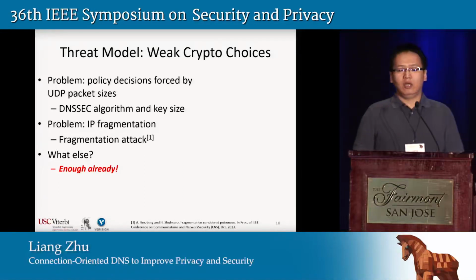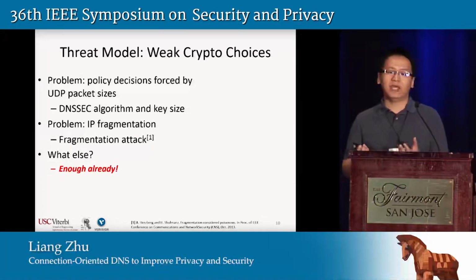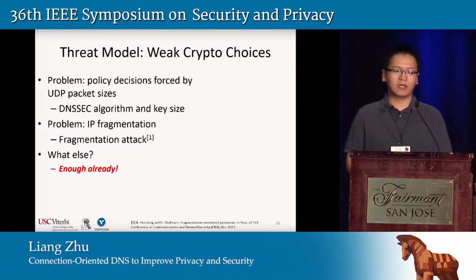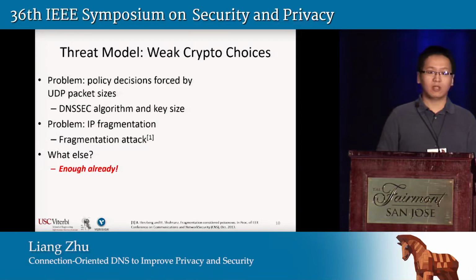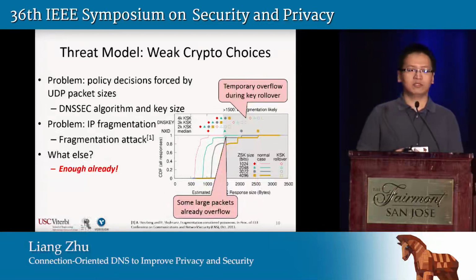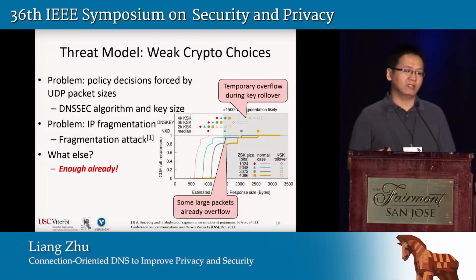Also, a very large UDP packet will cause IP fragmentation, which is bad because it enables fragmentation attacks. More importantly, our analysis shows that packet overflow already happens, and even more so with key rollover, where you have two keys in one single packet.